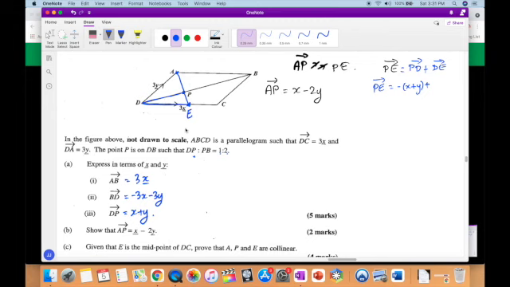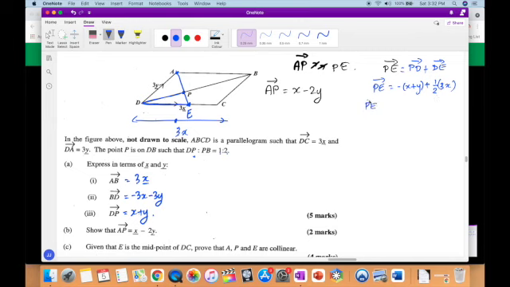Well, where's D to E? Well, we know D to C is 3x. And we know that E is the midpoint. So therefore, D to E is going to be half of the entire thing, a half of 3x. So you're okay with this so far, Scotia? You sure? Yeah. Alright, nice.